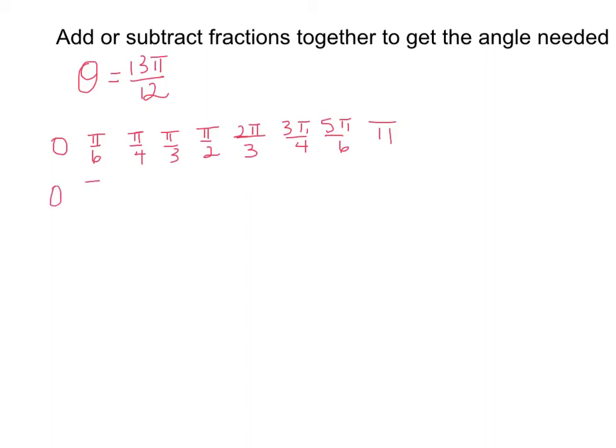You'd still have 0, and then you would have 2 twelfths, which is pi over 6, and then you'd have 3 twelfths, and then 4 twelfths, and then 6 twelfths, and then you'd have 8 twelfths.